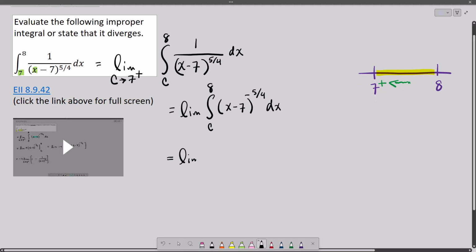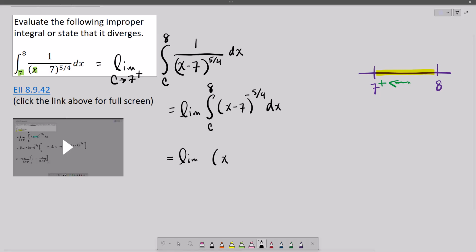So we'll have a limit. We add 1 to the exponent, so we're going to add 4/4. So we'll end up with -1/4. And then we have to divide by the new exponent. Dividing by -1/4 is the same thing as multiplying by -4. So I'm going to squeeze in a multiplication of -4 in front.